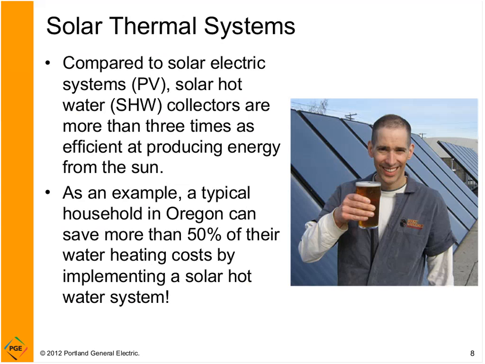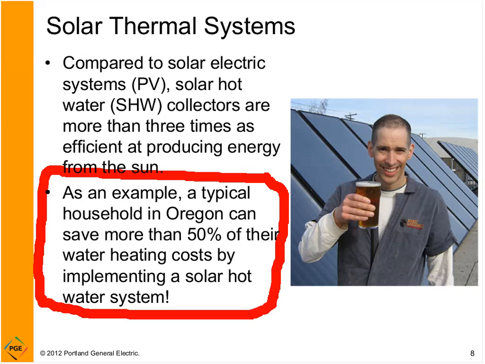We wanted to just give you a sense of the savings that are potentially out there. To put it into perspective that hopefully everybody can understand, a household, a residential application of solar thermal, if you install a typical 1 or 2 panel system on a house, you can save 50% of your energy cost for heating water by putting solar thermal in Oregon on the west side of the mountains.